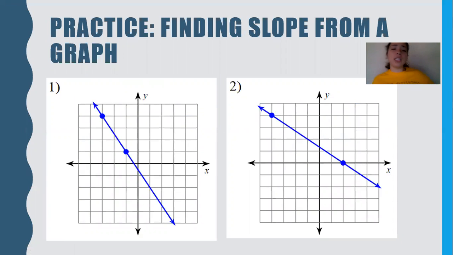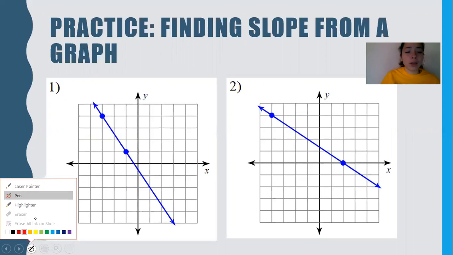All right, so first of all, let's find slope. When we find slope, we do m is equal to rise over run. The first thing we look at is: is this a positive, a negative, a 0, or an undefined slope? When we had class, I told you the story of the snowboarder.